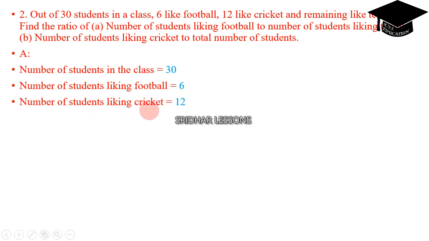The number liking cricket is 12. The number liking tennis is the remaining, so we subtract from the total the students who like football plus cricket: 30 minus (6 plus 12), that is 30 minus 18, which is 12. This is the answer for question A.